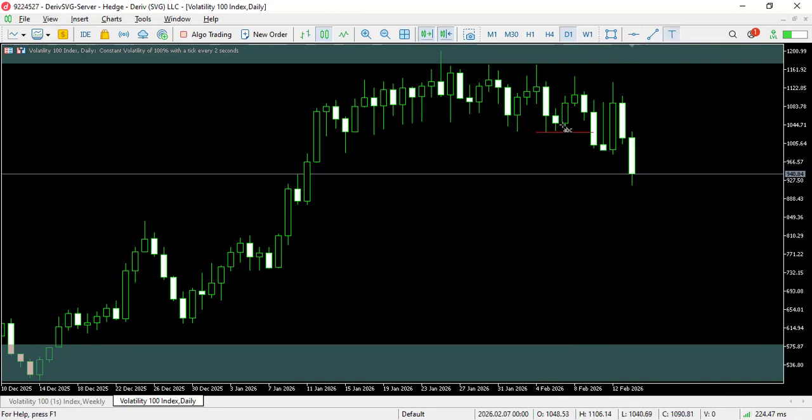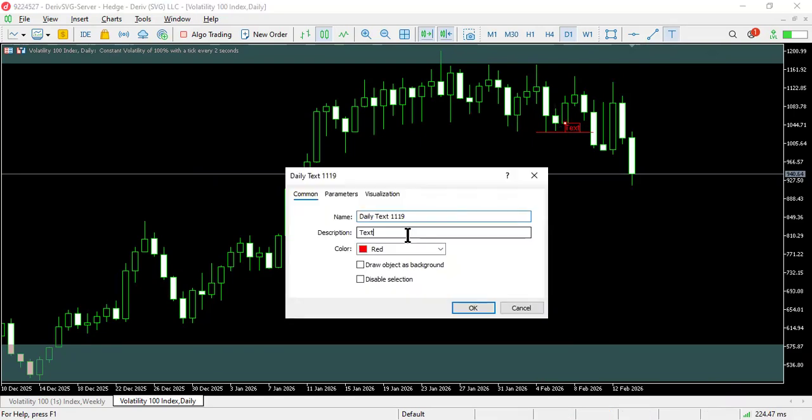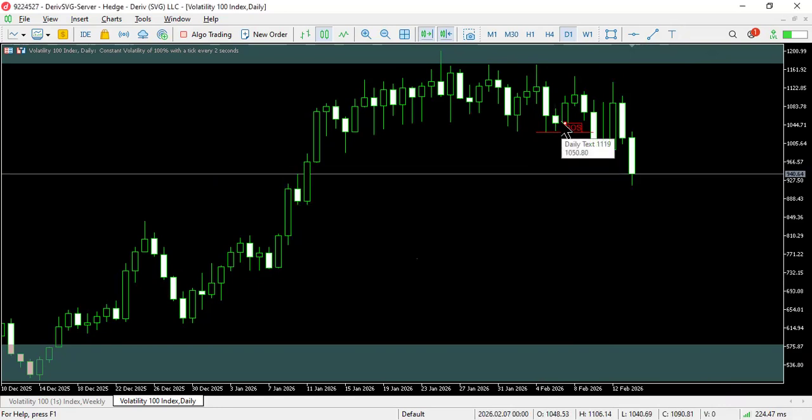So that is a break of structure. We had a break of structure right there. And then price reacted from that order block, and we are getting a push to the downside.